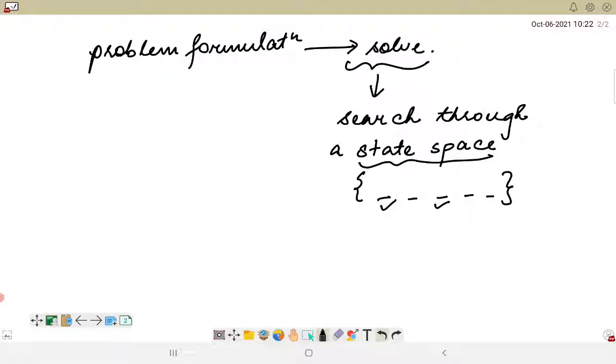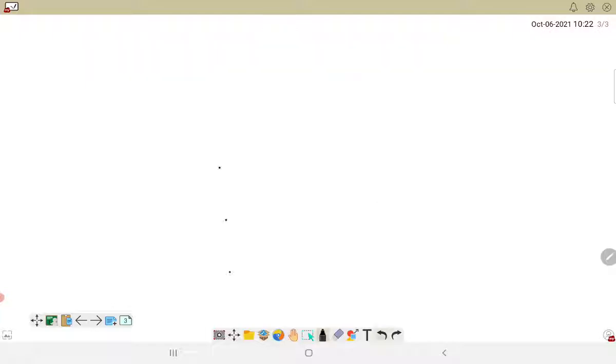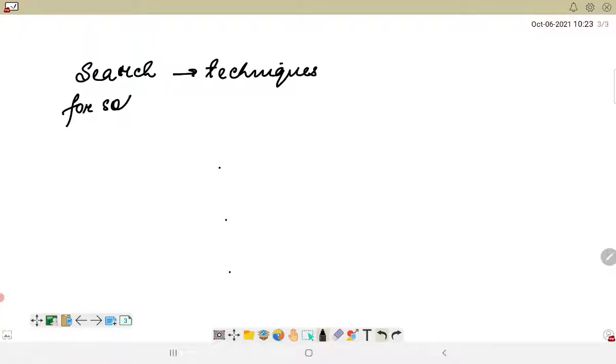Now, talking about searching techniques. If we are considering searching through a state space, this search will come with certain techniques. The search is not simply search, this is search for solutions, and it will be associated with certain techniques.